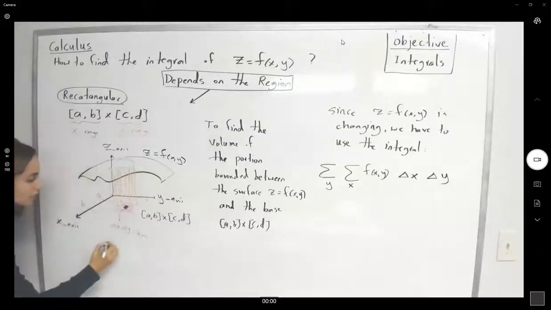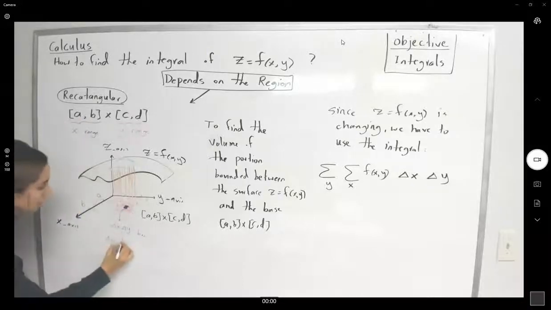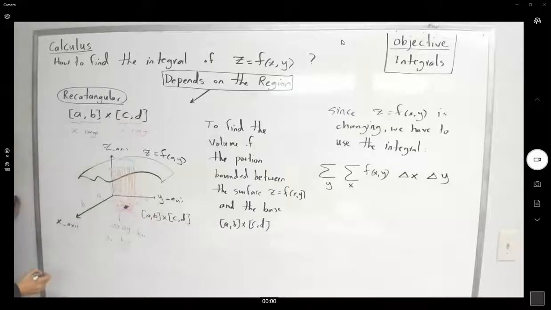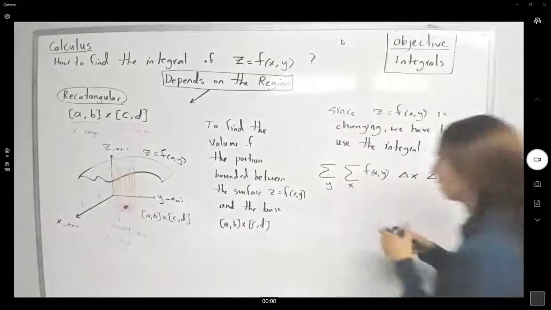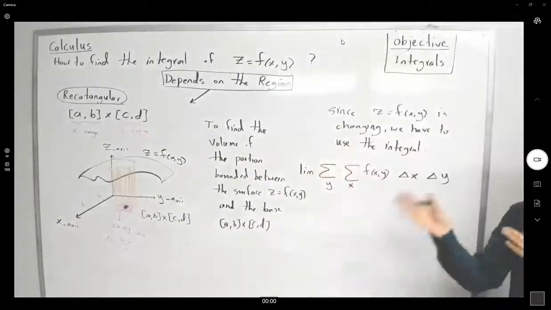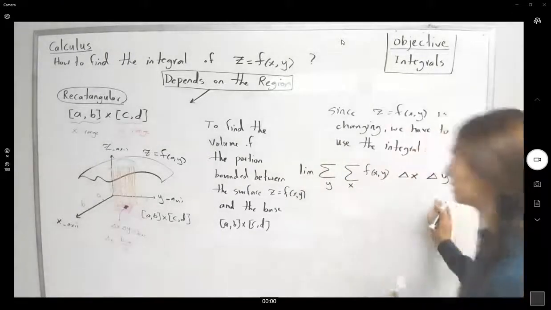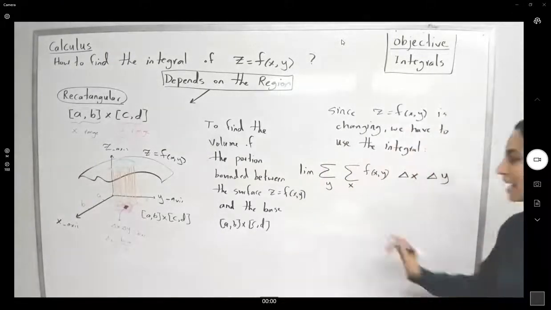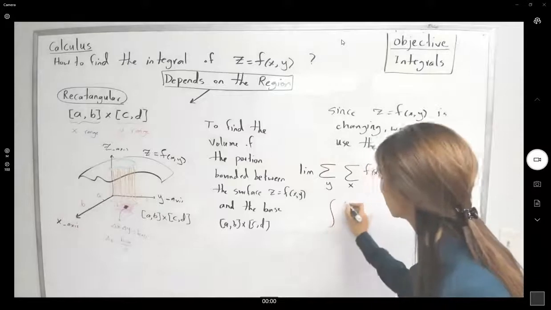Remember the definition of delta x? It was b minus a divided by n. These are getting smaller and smaller as n approaches infinity. The same definition for delta y. This Riemann sum, as n approaches infinity, is now defined as the double integral.